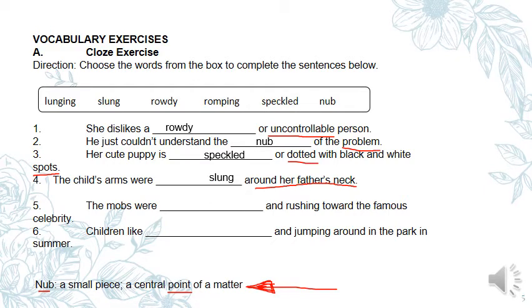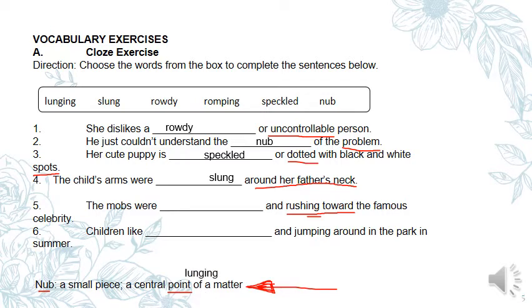Number 5, the mobs. Mobs means many people, like people in the street. The mobs were what and rushing toward the famous celebrity, a famous singer or a famous person. So we have rushing forward. Which word means rushing forward and also has an ing?